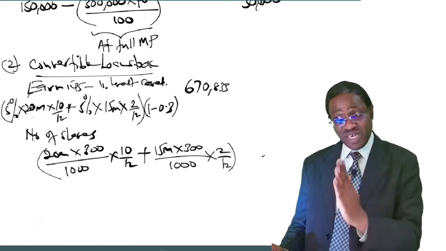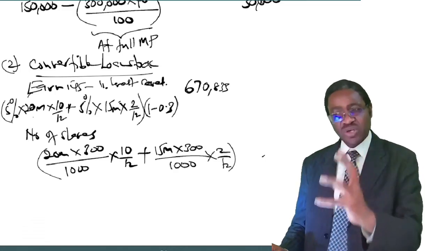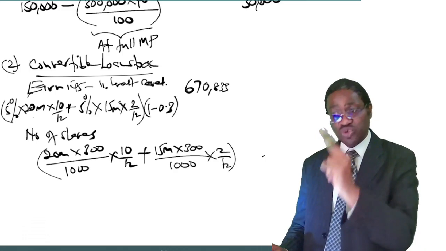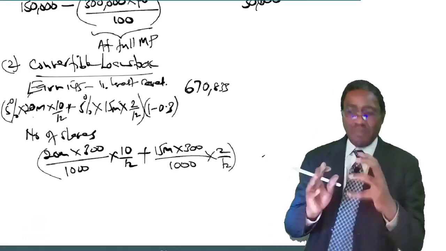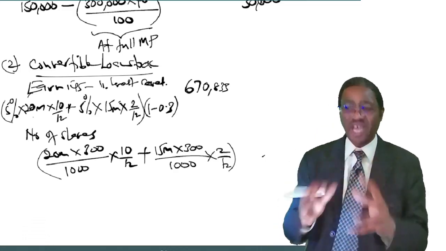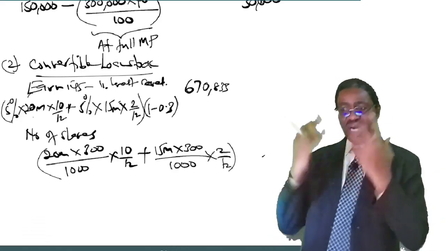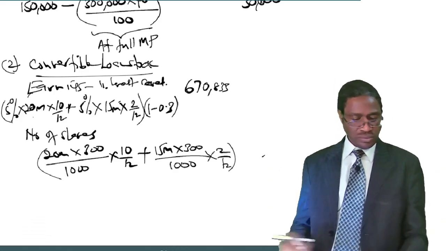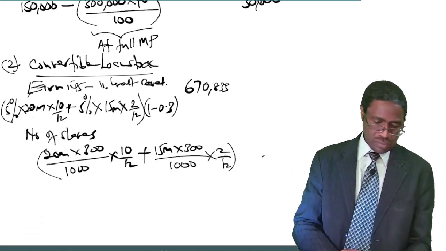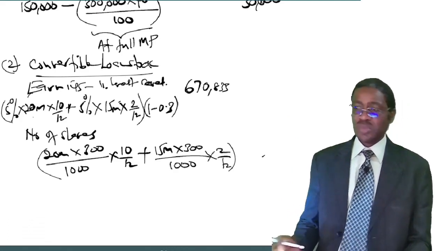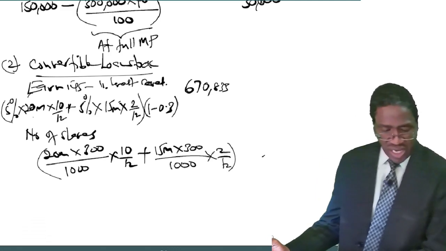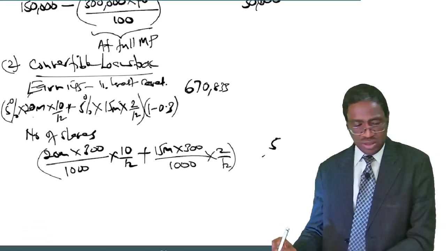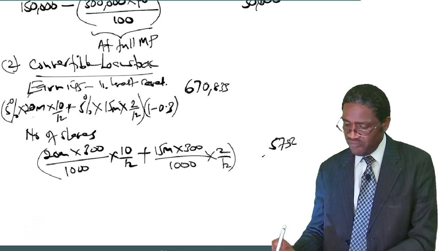After 10 months, 15 million remained convertible potential for 2 months. So what about those 2 months on their 15 million? Then you add. What are you getting? Okay, I am getting 5,750,000. I hope I'm right.